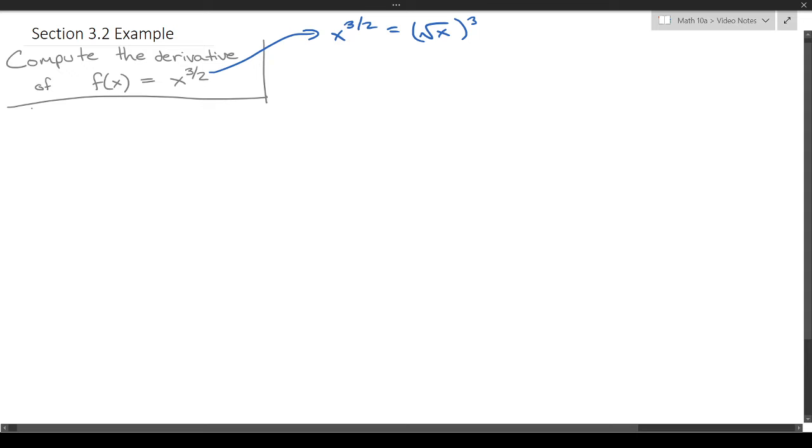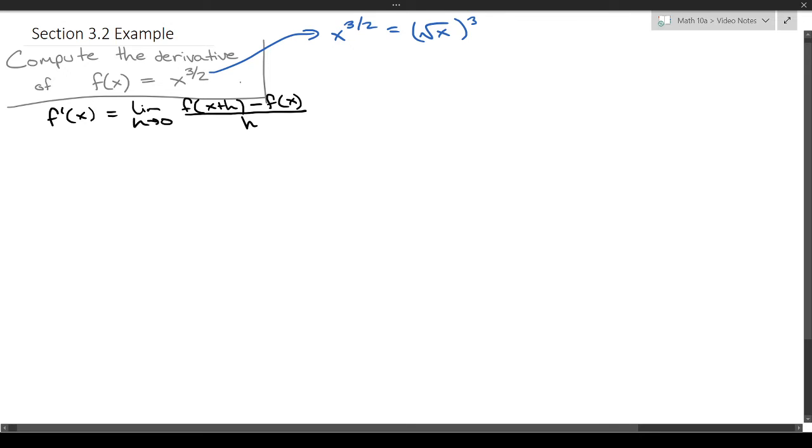So the derivative, let's just remember the definition, f prime of x equals the limit as h goes to 0 of f of x plus h minus f of x all over h. So this is the definition we'll be using for this problem.